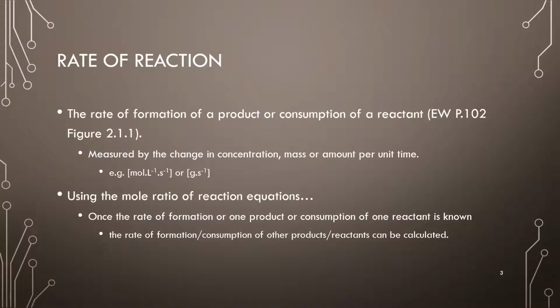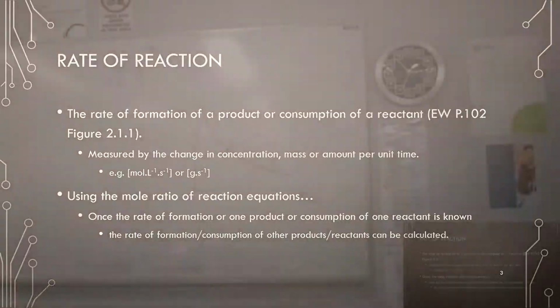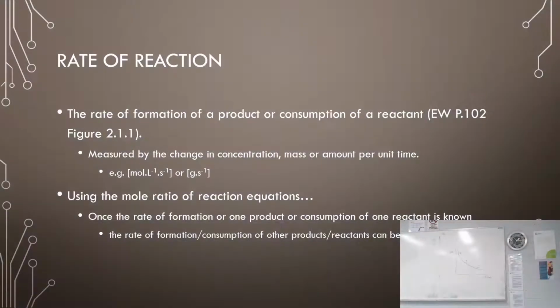So if you look at page 1 or 2, figure 2.11 on the essentials workbook, you can find the two graphs actually, the rate of formation of product as well as consumption of a reactant.